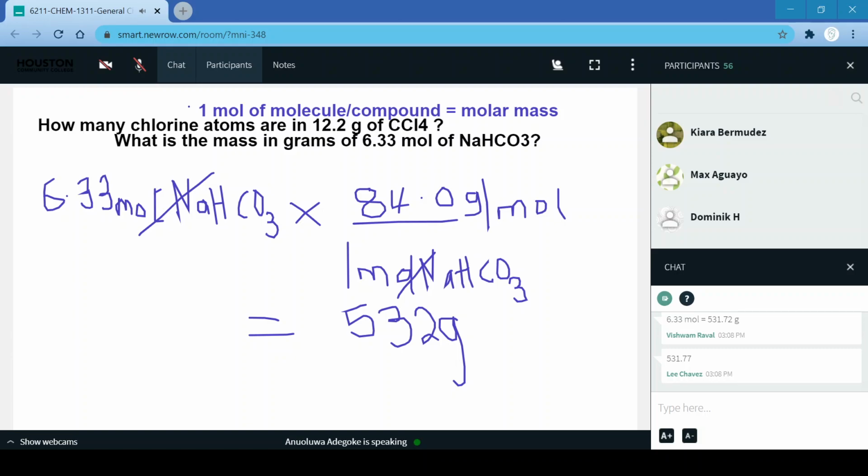So what we do is we just start our steps one by one. So we have 12.2 gram. This is our given unit, 12.2 gram of carbon tetrachloride.